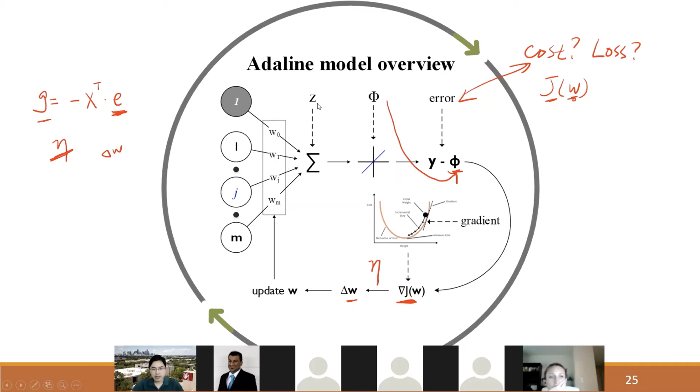We have the net input. Hopefully the one variable case, a simpler case, will make it easier to imagine what's happening here. It's simply multiplication plus the bias, which is the net input. The activation does nothing. Then we have an error.